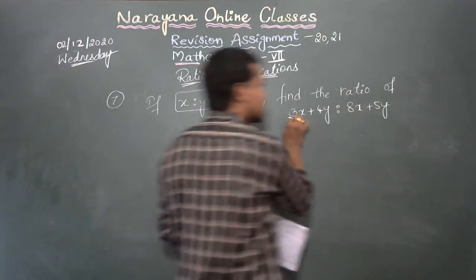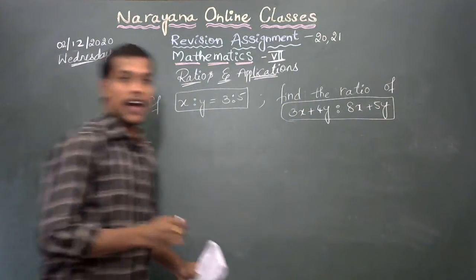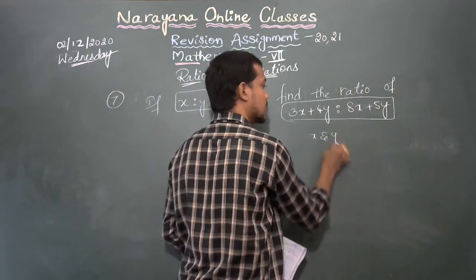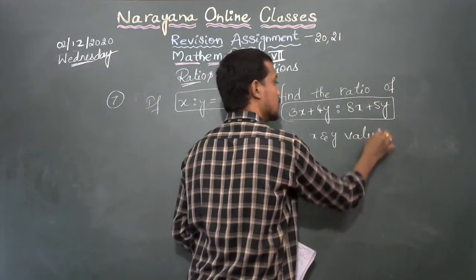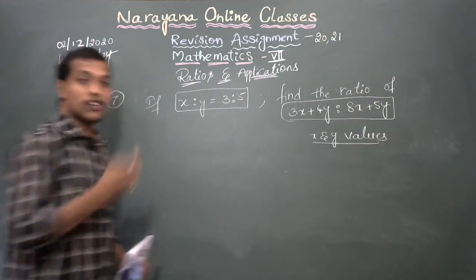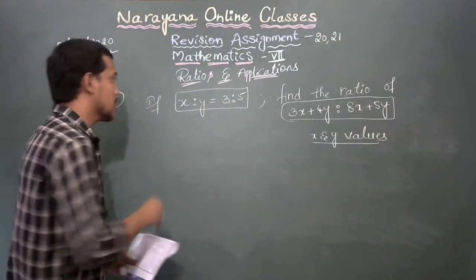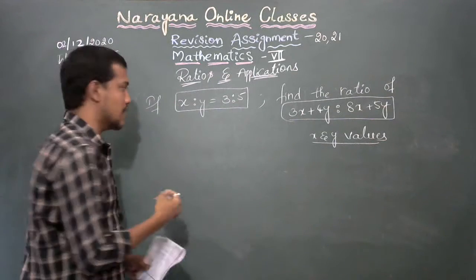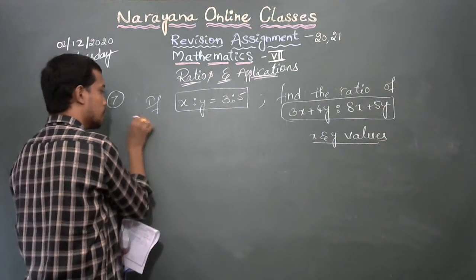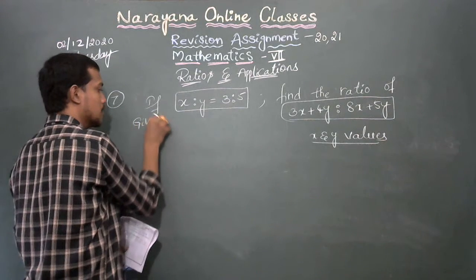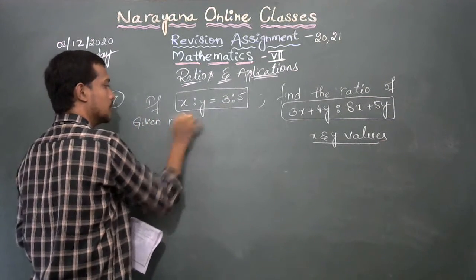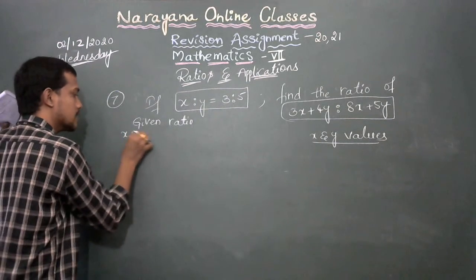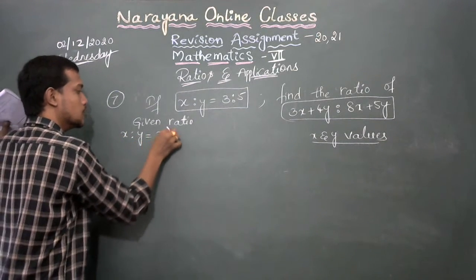When finding this, we want x and y values. So first of all, we should find x and y values based on the given ratio. What is the given ratio? x is to y equal to 3:5.